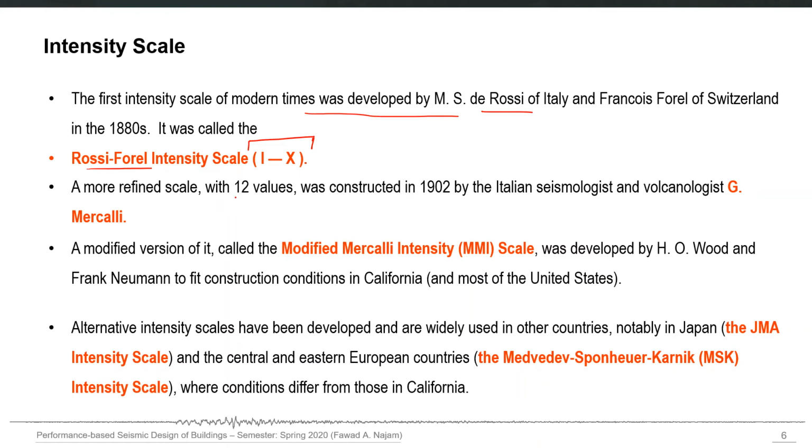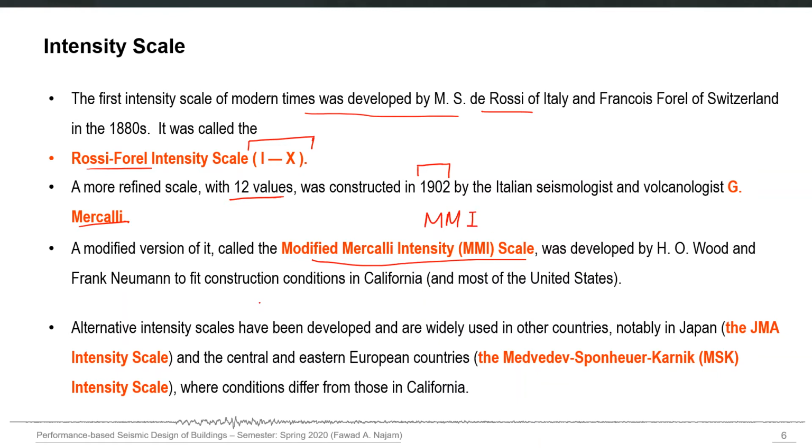A more refined scale with 12 values was constructed in 1902 by an Italian seismologist, Mercalli, and this scale was called the Mercalli intensity scale. A modified version of it, called the modified Mercalli intensity scale, was developed later, and it is still in use, the MMI scale.